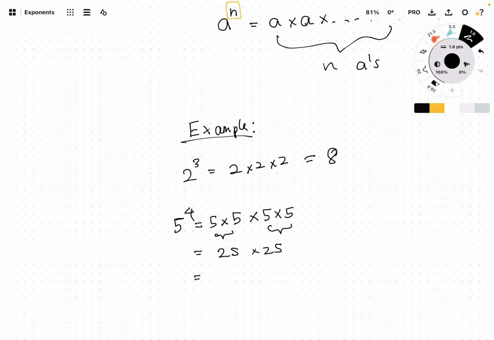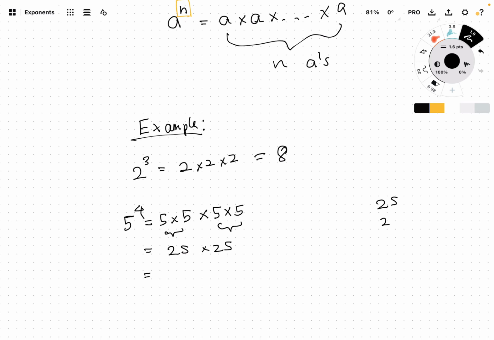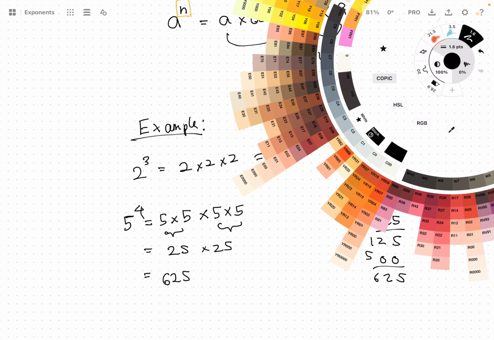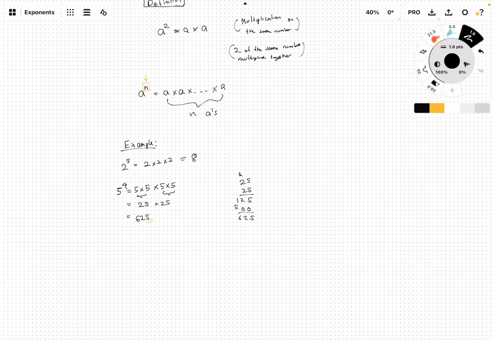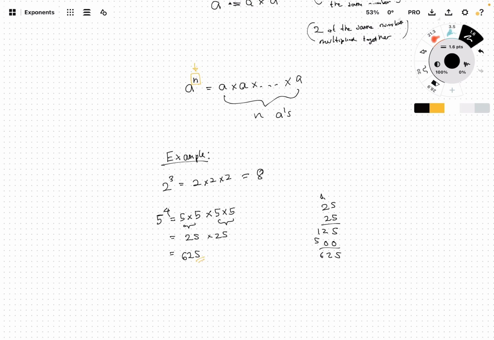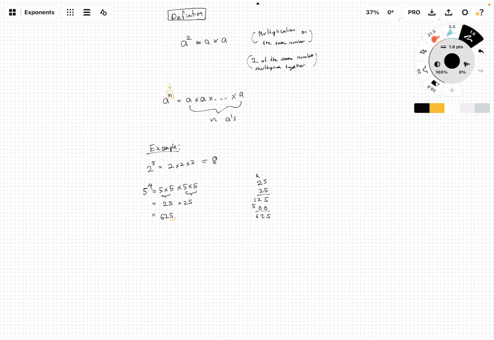So it's 25 times 25, which if you do long multiplication for, you should end up with 625. So as you can probably see, higher powers get pretty large pretty quickly, because when you repeat the multiplication, things just stack up really quickly.